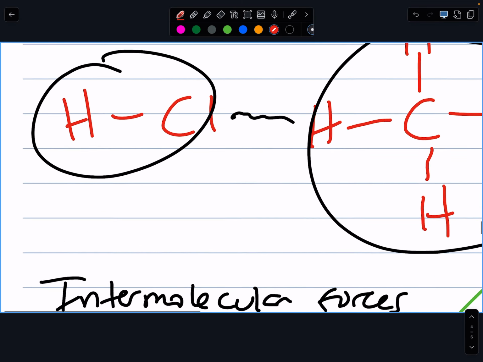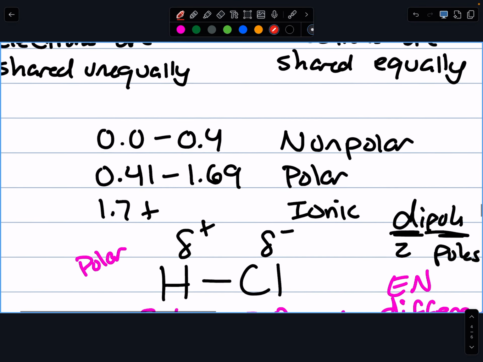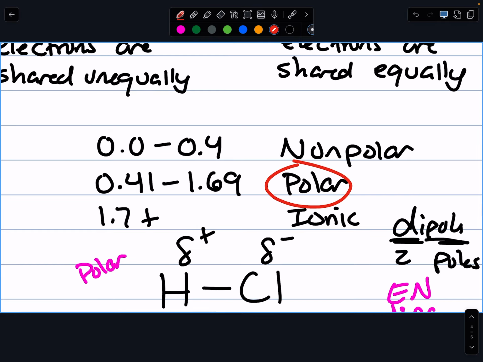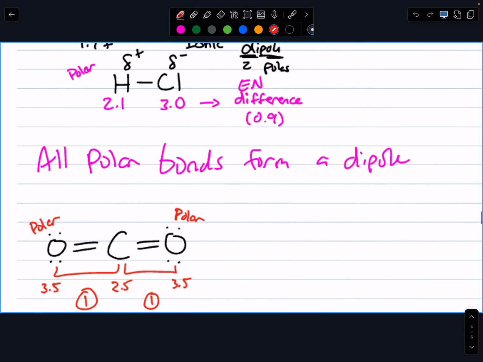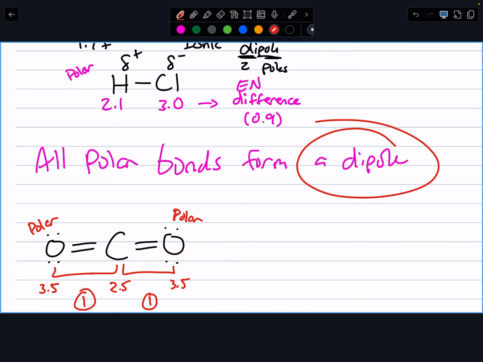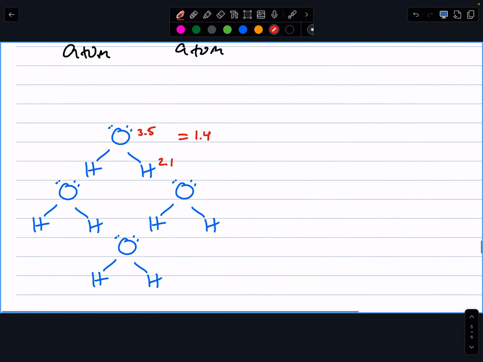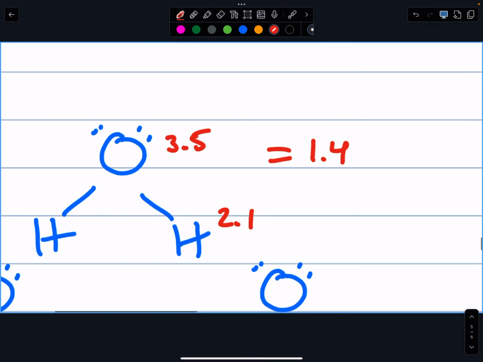And 1.4 on our scale, where does it fall? Yes, so that's why it's polar. Good. So because it's polar, what do all polar bonds form? A dipole.